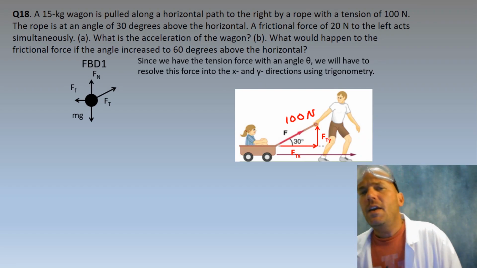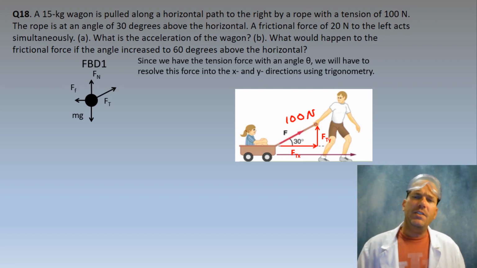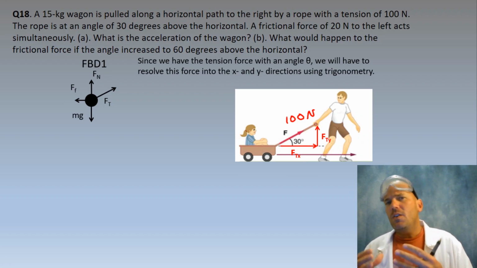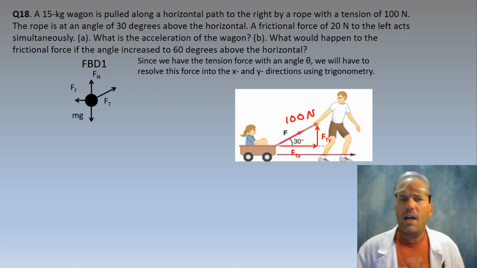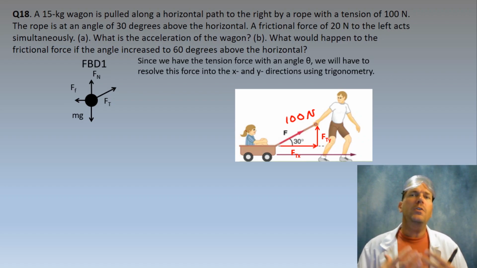So we have a force of tension acting at an angle of 30 degrees. So we're going to need to resolve the force of tension into the horizontal and vertical directions using some trigonometry. All right, so free body diagram 1 is showing that resultant 100 Newton vector.